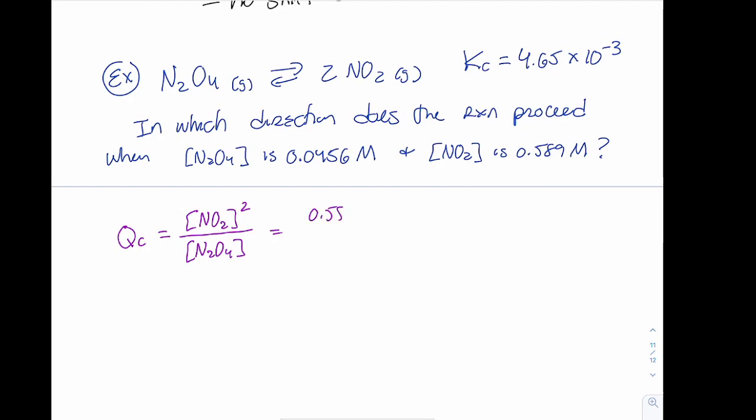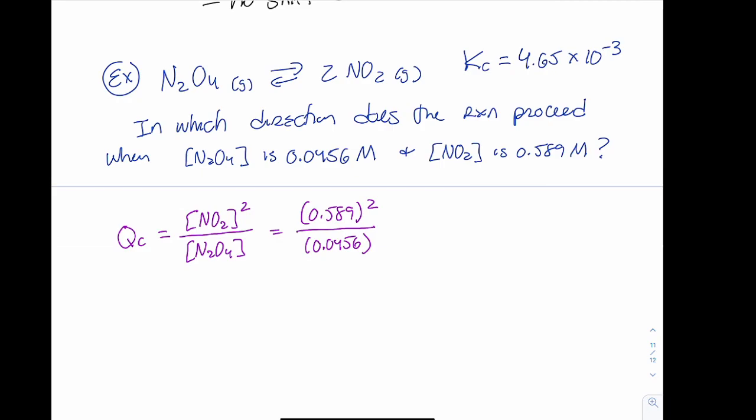So 0.589, I am going to square it because I'm raising it to the second power, and then divide by 0.0456. Just like with equilibrium constants, we do not need to show our units on our reaction quotient. It does have units. In this case, it would be molar, because I'd have molar squared on top and molar on the bottom. So remember, they have units.